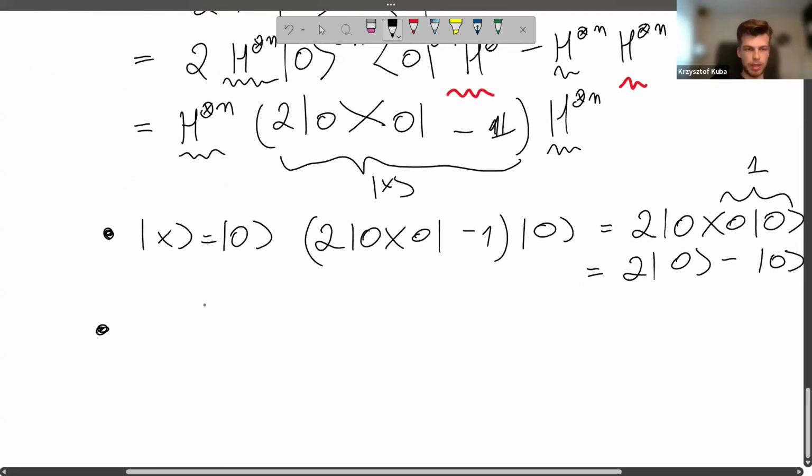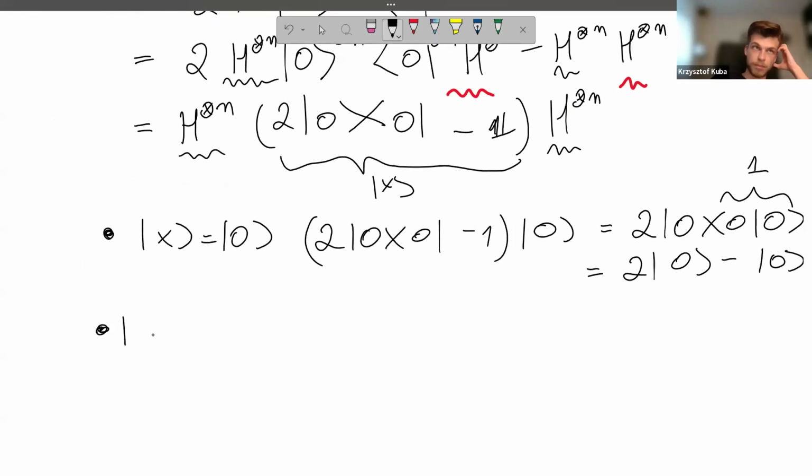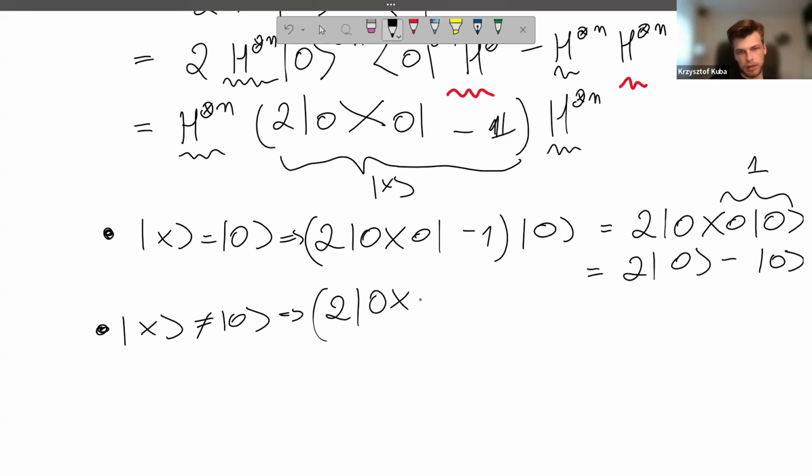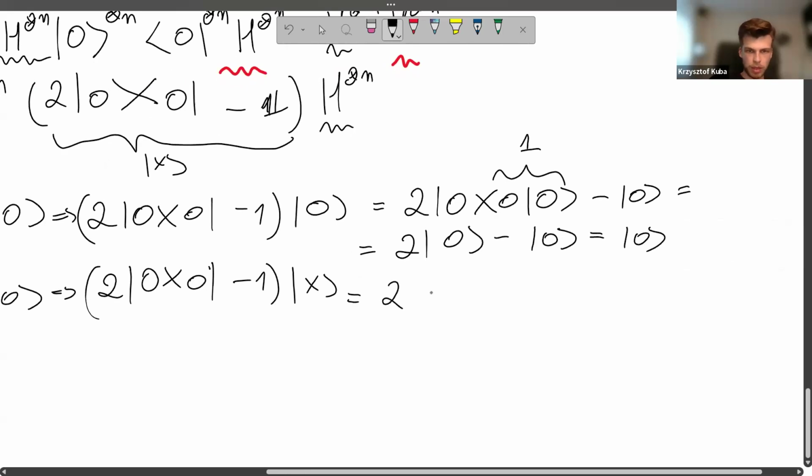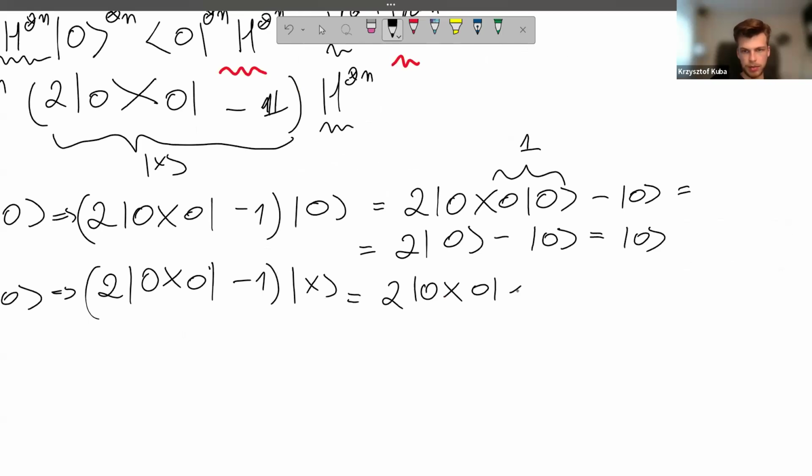And now we will consider the case where x is different from 0. If x is different from 0, we have the equivalence of applying 2|0><0| minus 1 on x, which equals 2 times |0><0|x> minus x.